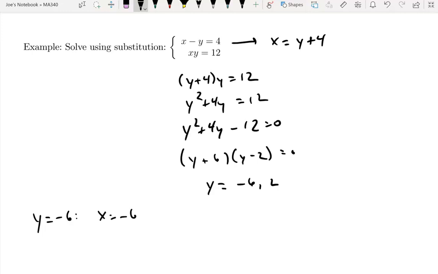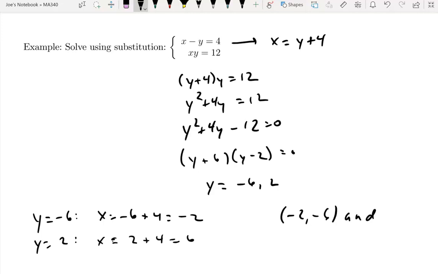Negative 2, because we got that first equation, right, that we used to solve for x. And if y is equal to 2, what do we get for x? 6. So what are the two ordered pairs that we'll have? Good, negative 2, negative 6, and 6, 2, good.